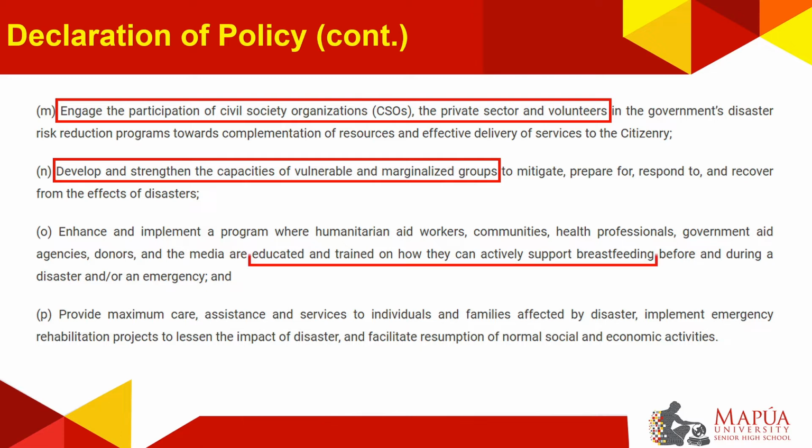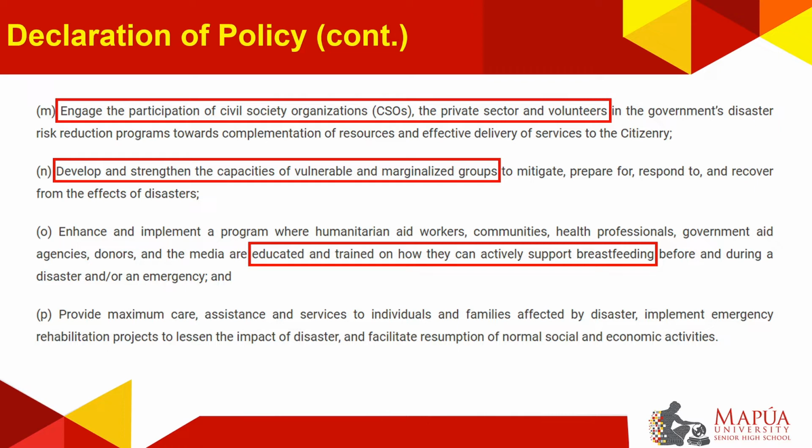Next, letter O states to enhance and implement a program where humanitarian aid workers, communities, health professionals, government aid agencies, donors, and the media are educated and trained on how they can effectively support breastfeeding before, during, and after a disaster or emergency.